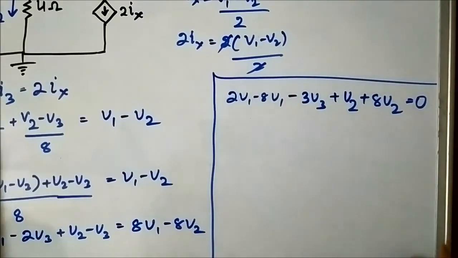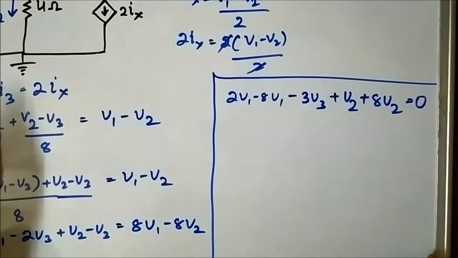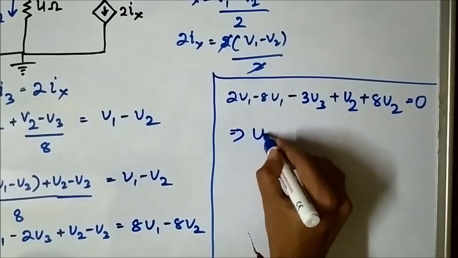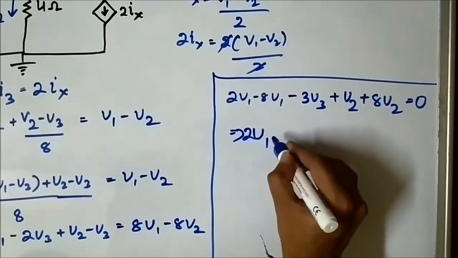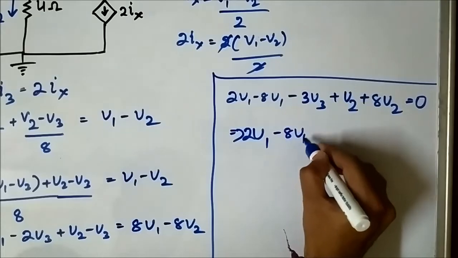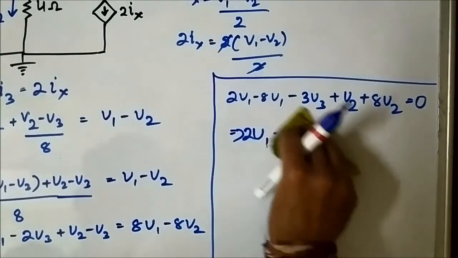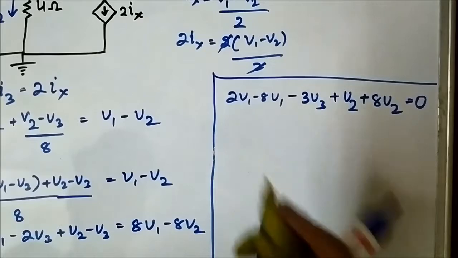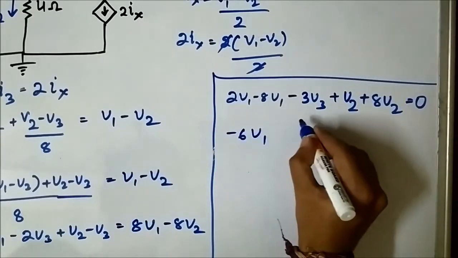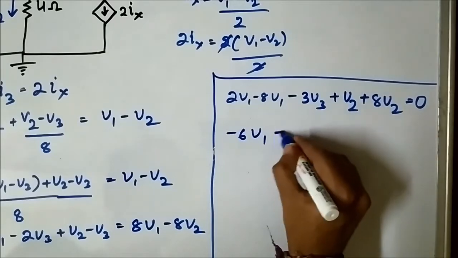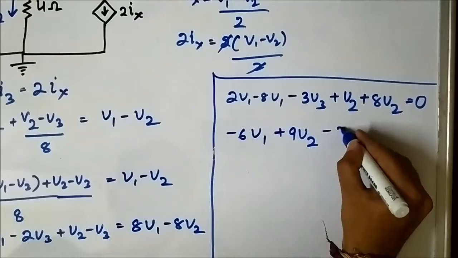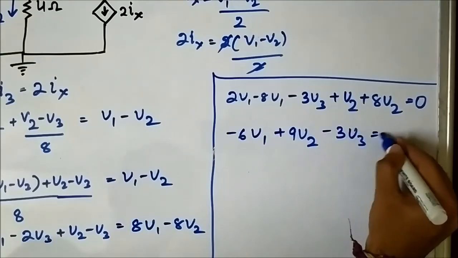Now if we solve it further, 2V1 minus 8V1 becomes minus 6V1, plus 9V2 minus 3V3 is equal to 0.